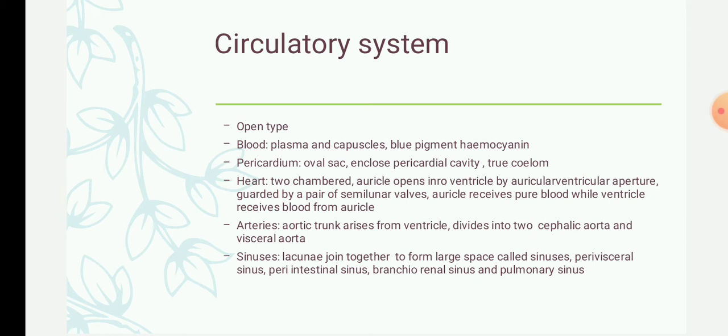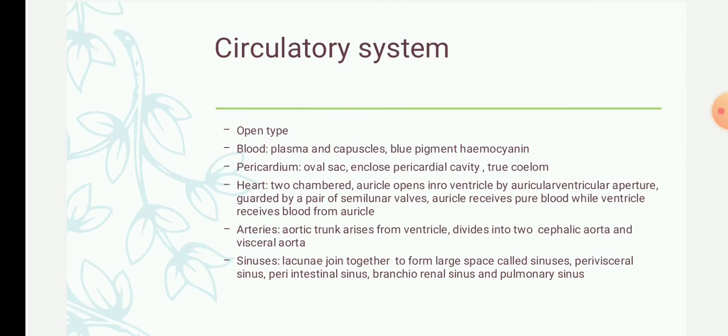Sinuses: the impure blood from the various parts of the body is collected in spaces called lacunae, and these lacunae join together to form a large space called a sinus, in which the impure blood from the various parts of the body is collected. These sinuses represent the hemocoel.